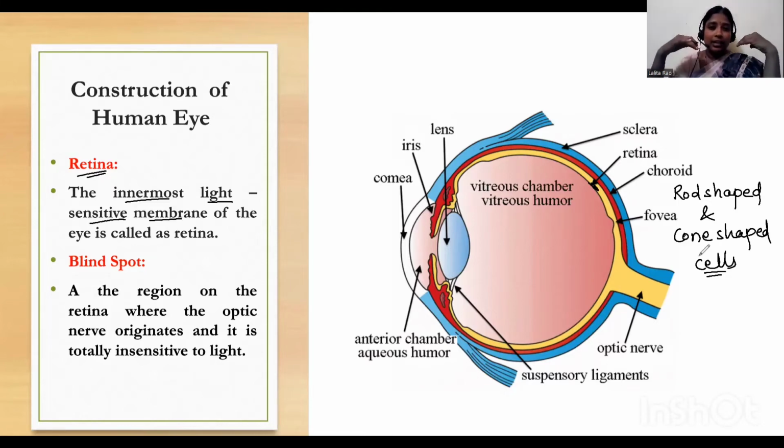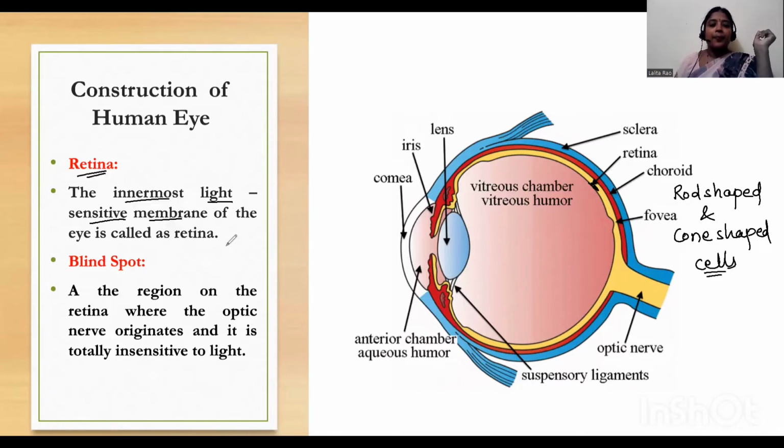When too much light comes, you close your eyes, right? When you are in a room where it's too bright, your eyelids get closed, and very little light is required. And when you enter a dark room, you need more light, so at that time your pupil relaxes.